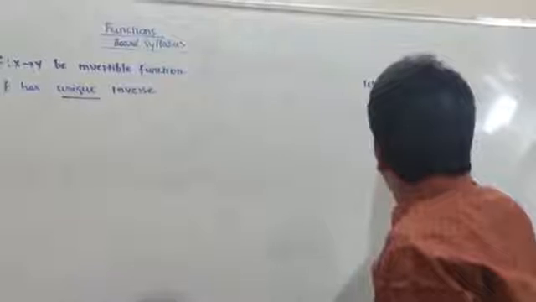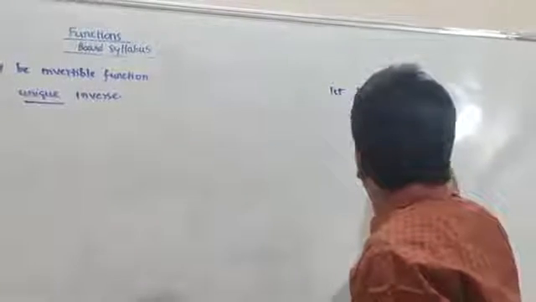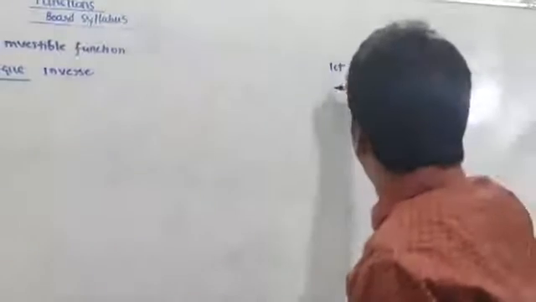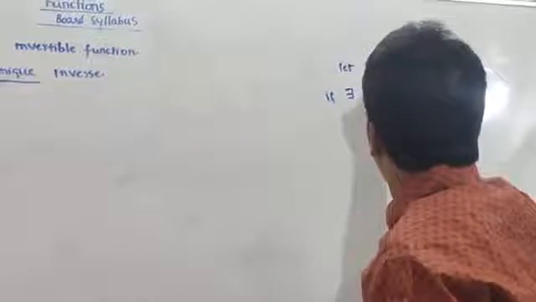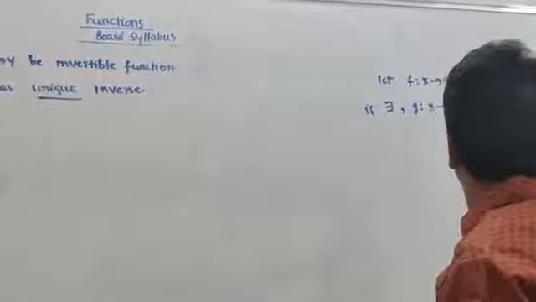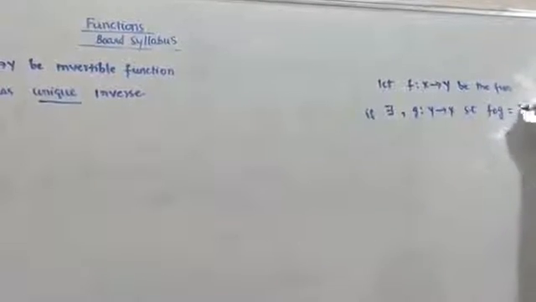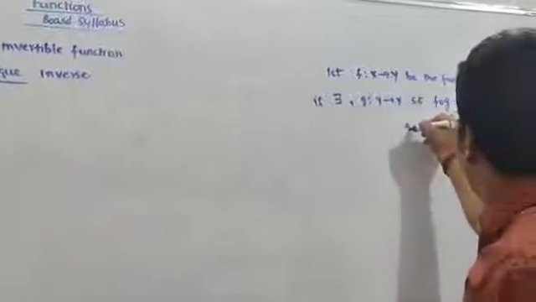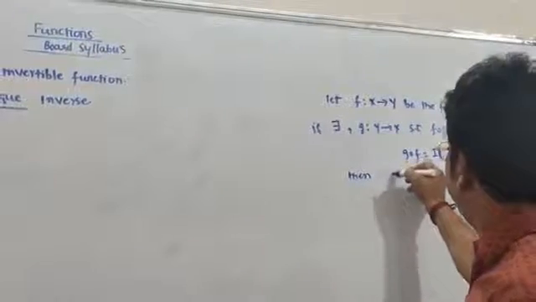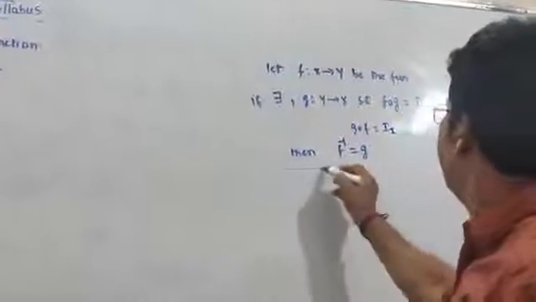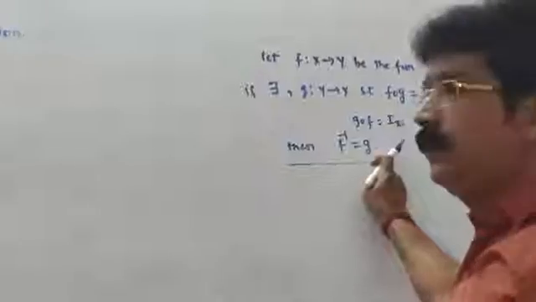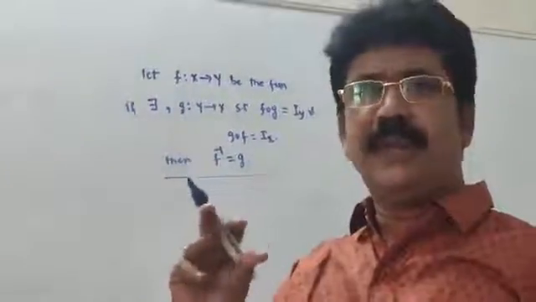Let f from capital X to capital Y be a function, and if there exists another function g from Y to capital X, so that f circle g is equal to I y and g circle f equal to I x, then the inverse of f is g, and f and g are mutually invertible functions.